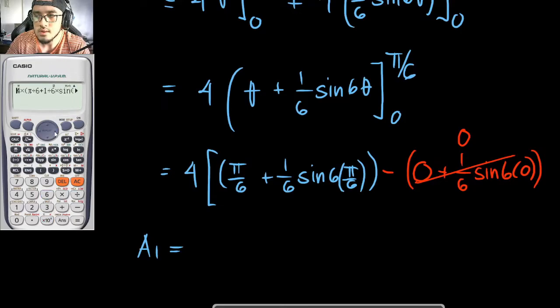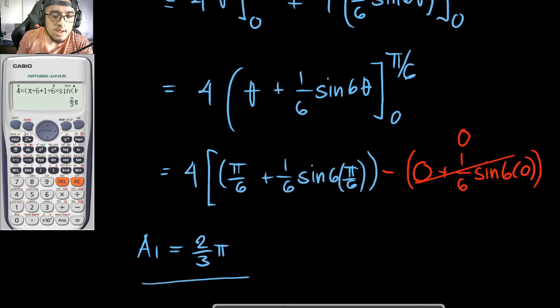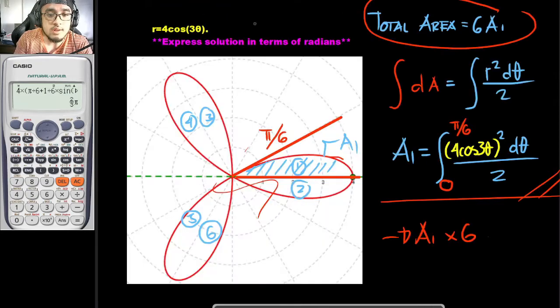This is equal to 2 over 3 pi. So this is basically our answer in A1, in unit squared. But once again, this answer right here is just one area, or just this area right here.